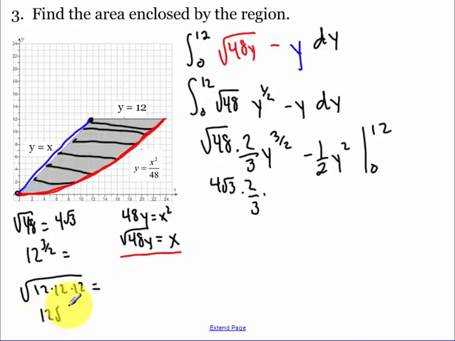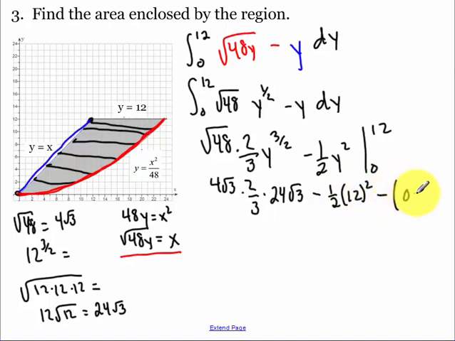So 12 root 12. There's still a perfect root I can pull out. So I can pull out a 4, which is really a 2. So this becomes 24 root 3. So that's 24 root 3 minus 12, 1/2 of 12 squared, minus, again, another 0 minus a 0, just making sure that I get 0 there. Simplifying all that out, I get 120.